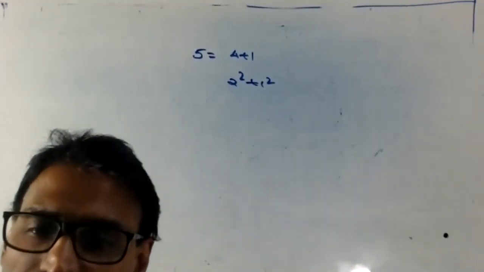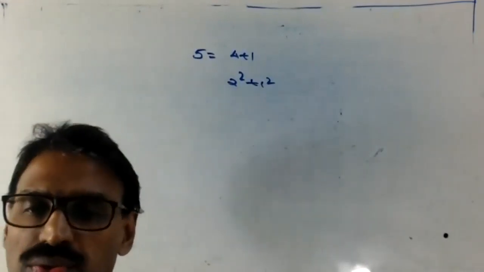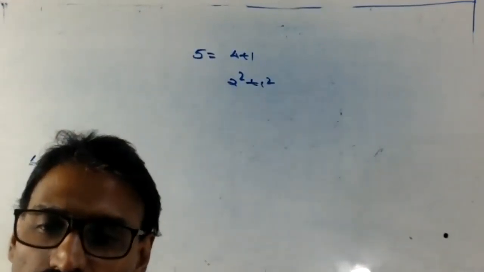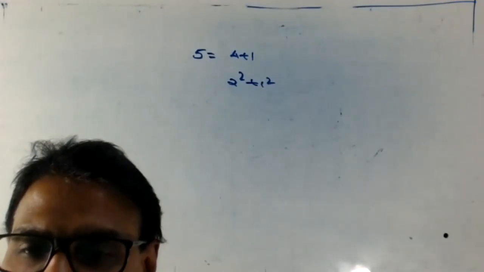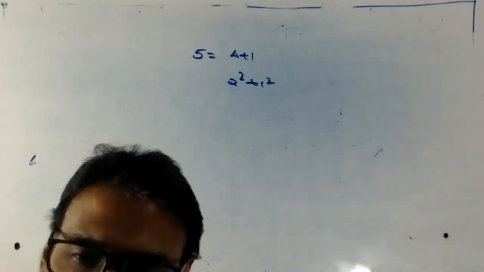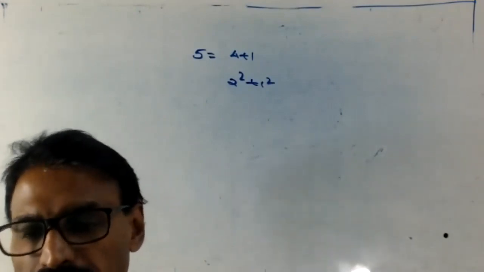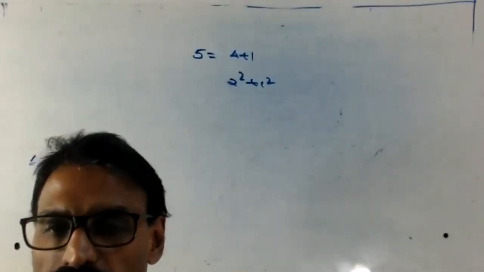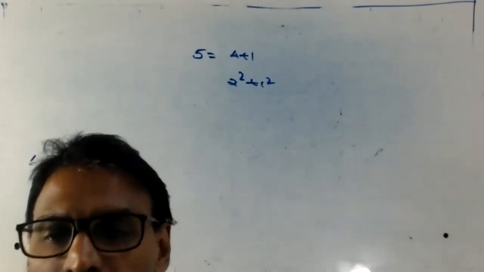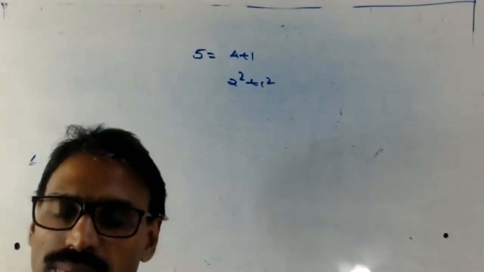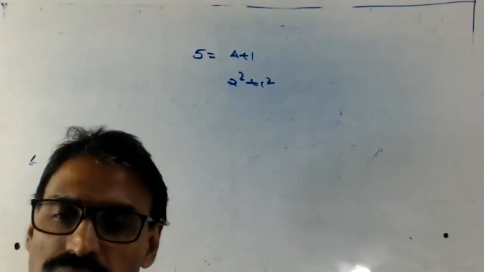Same thing you can make it: base is 1, height is 2. There is no issue. Is my question understood? If anyone takes base as 1 and height as 2, it is correct. What's the problem? No issue.